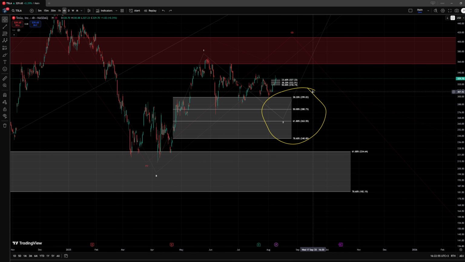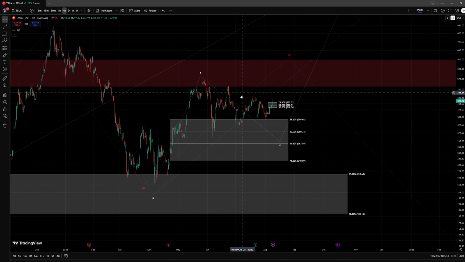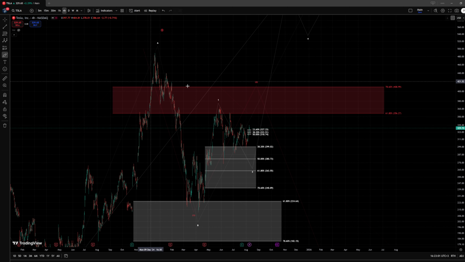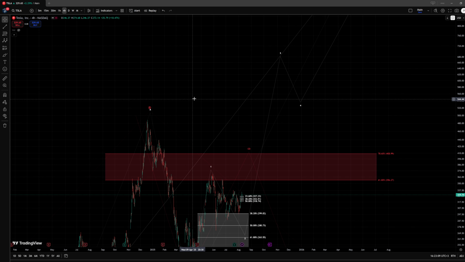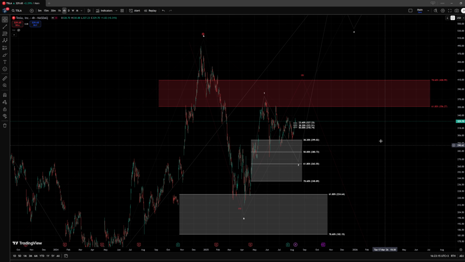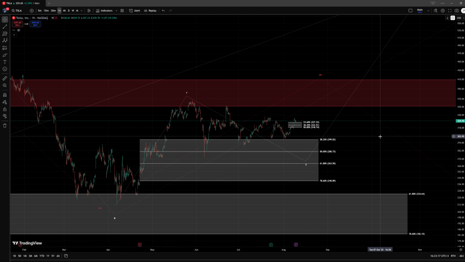Now, if we push actually past the 78.6% retracement here in red at $409, my expectation is that we follow the white scenario and it becomes highly preferable that we are in the white scenario. But for now, these are the levels, this is the trade setup.